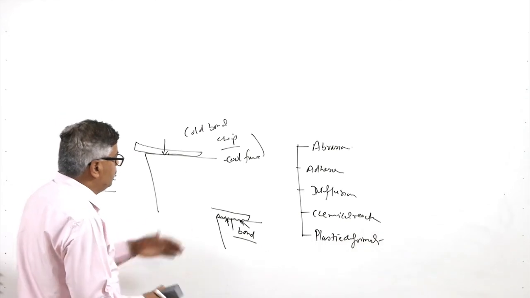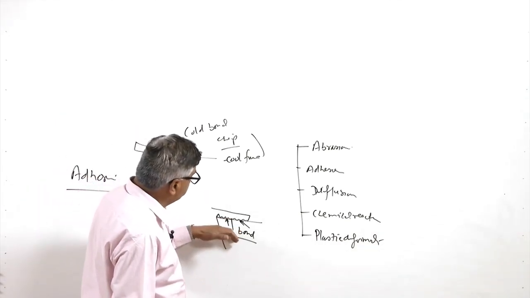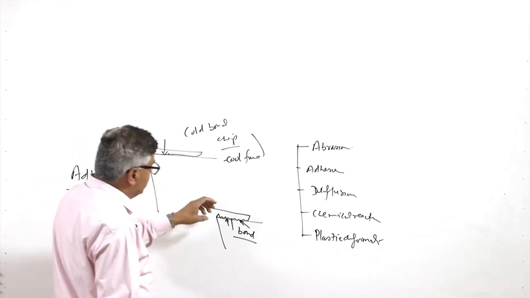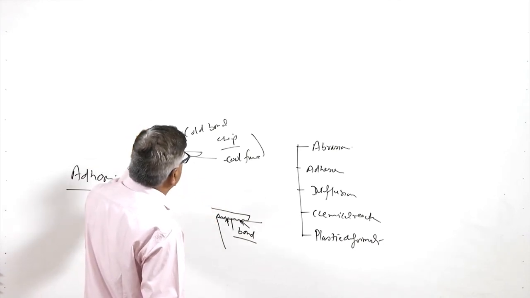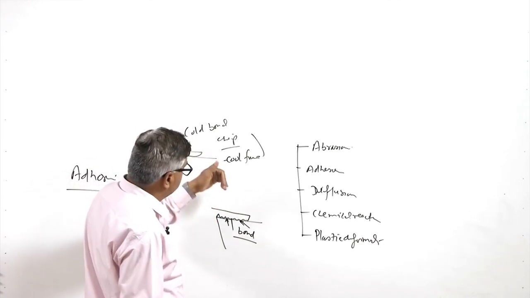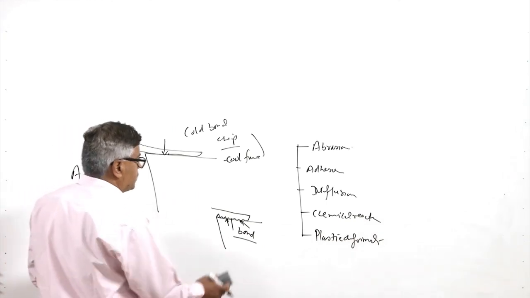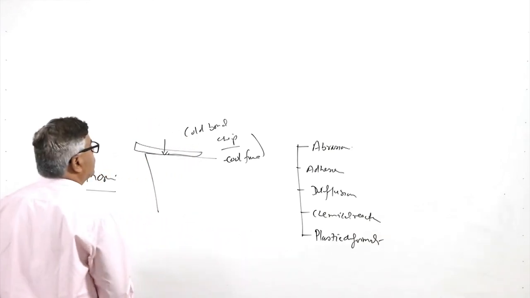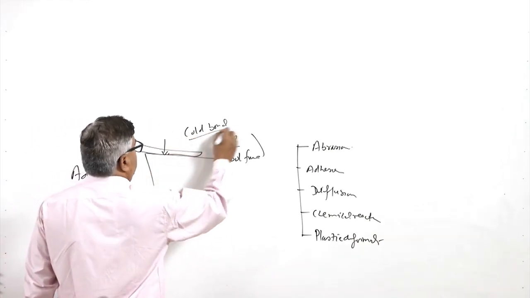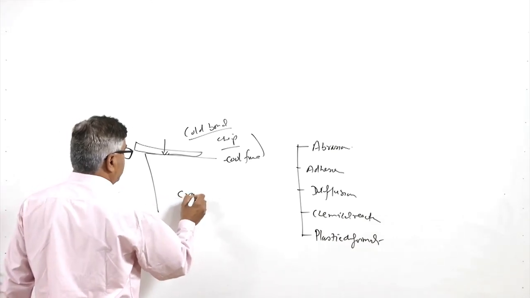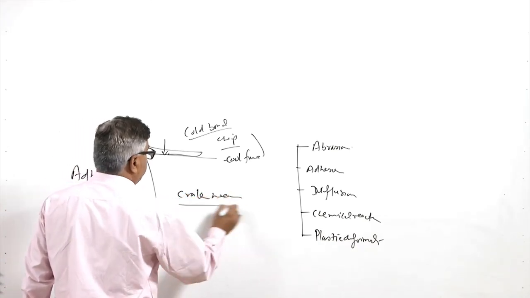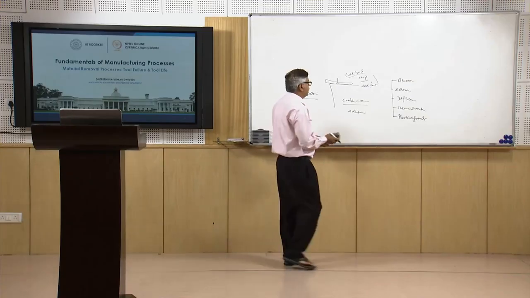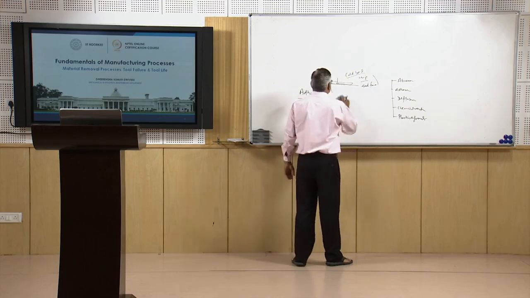So, metal to metal contact exists between the tool and the chip at the tool chip interface, and because of this contact under relative movement, the loss of material takes place primarily due to the breaking of the bonds at the tool chip interface. This is the kind of cold bond which is formed. Crater wear is primarily caused by the adhesion occurring at the tool chip interface.